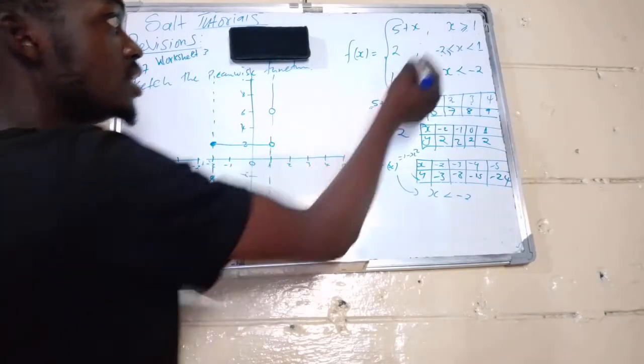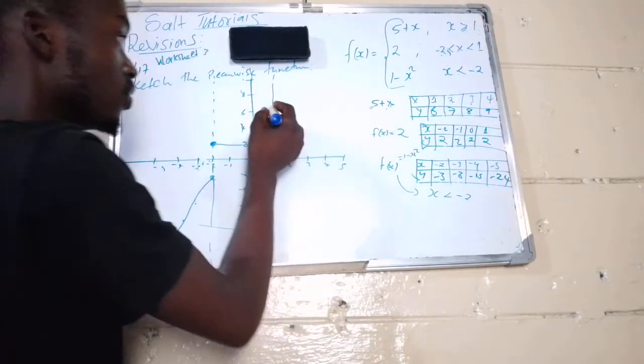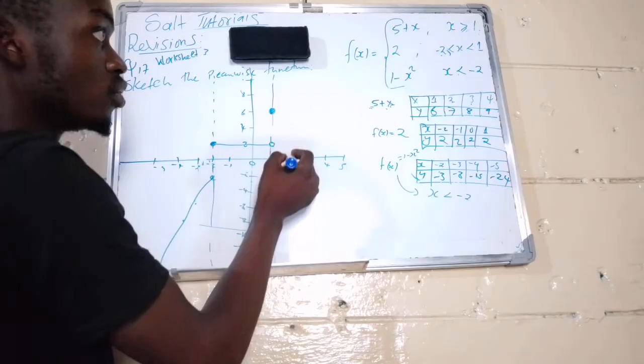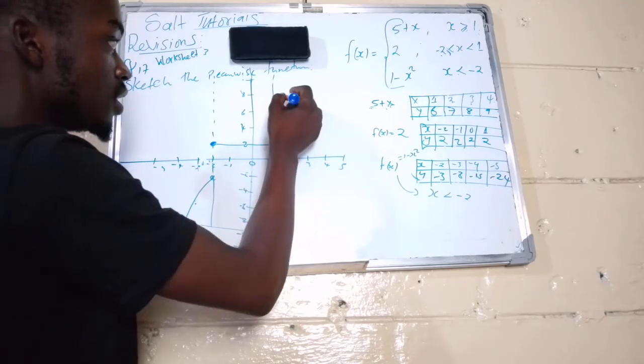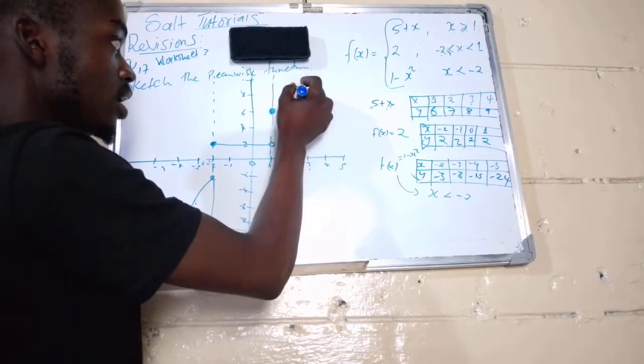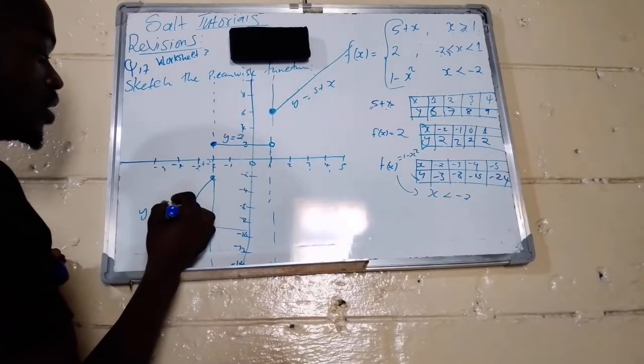So it is equal to 1, so you shade 2, 7, 3, 8, 4, 9. So this is a straight line moving in that direction, but the circle here is shaded. This is y equals 5 plus x. This is y equals 2, and this is y equals 1 minus x squared.